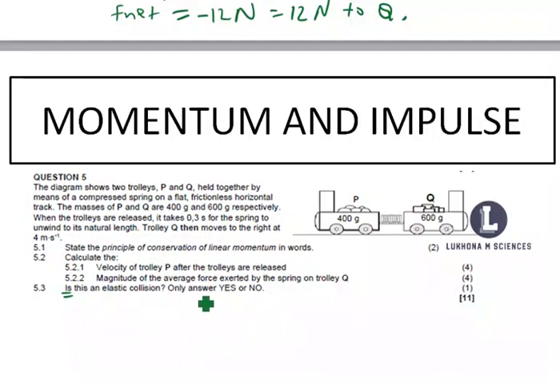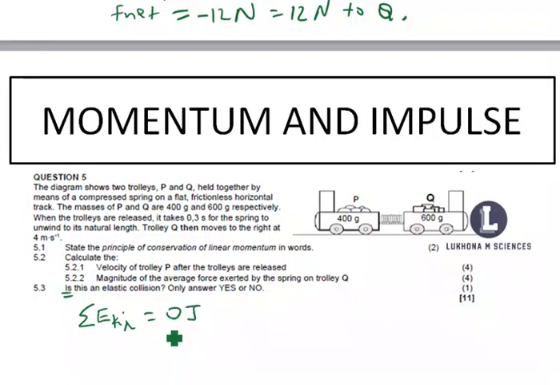But in this case, the trolleys were held having 0 velocities, which means the sum of kinetic energy initial was equal to 0 joules.